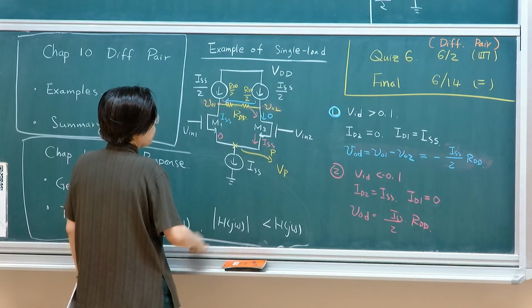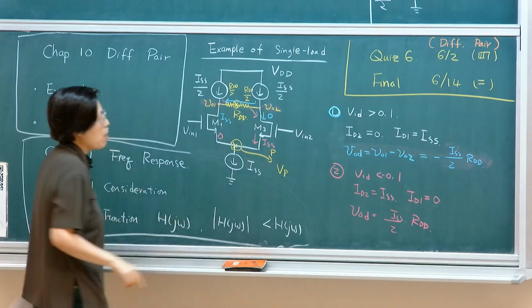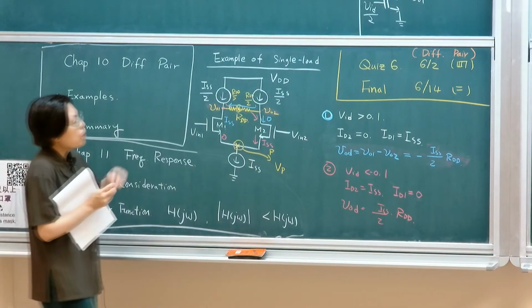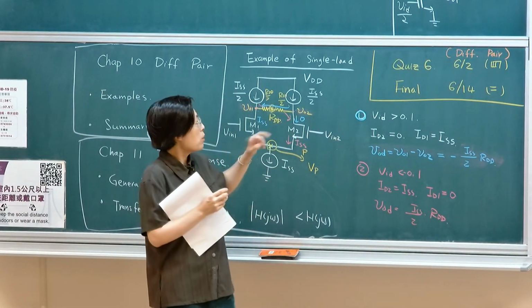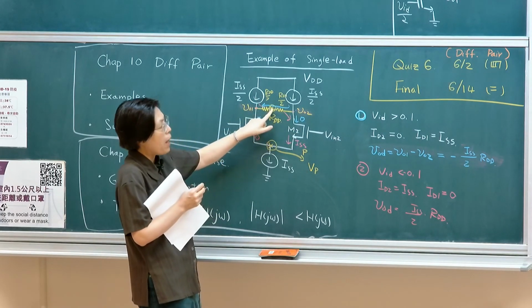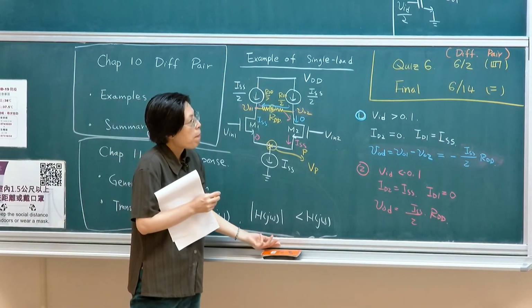So there will be 2 points, 1, 2. Both can be viewed as a differential virtual ground point for the differential signal because it doesn't change whether it's flowing one direction or the other direction. This is balanced at a particular level for differential signal.